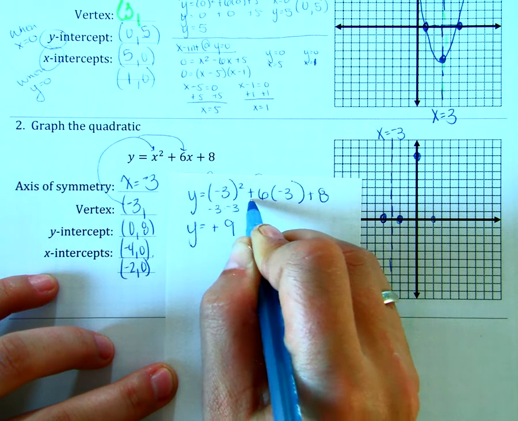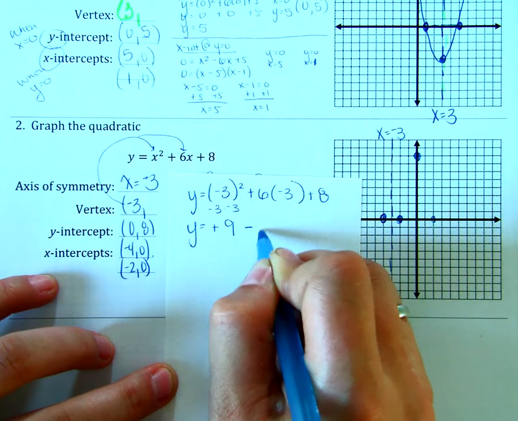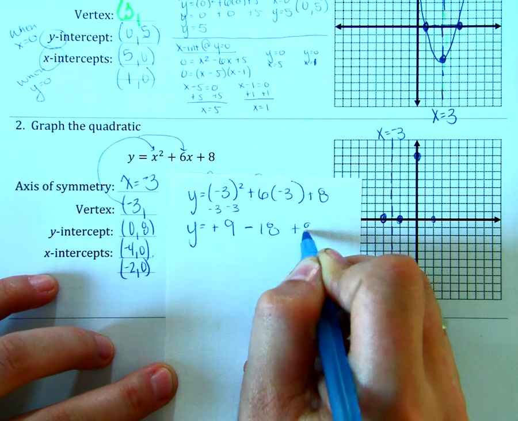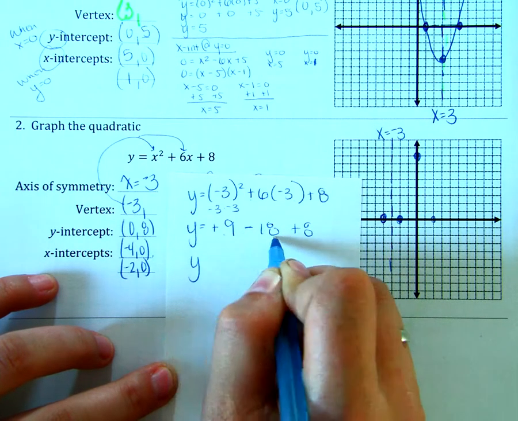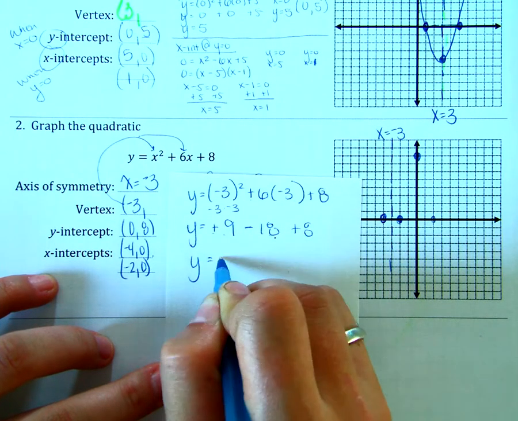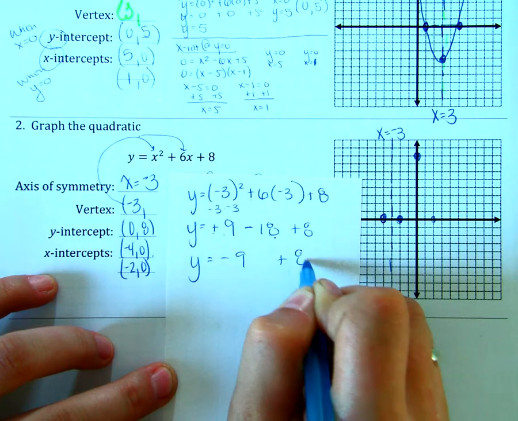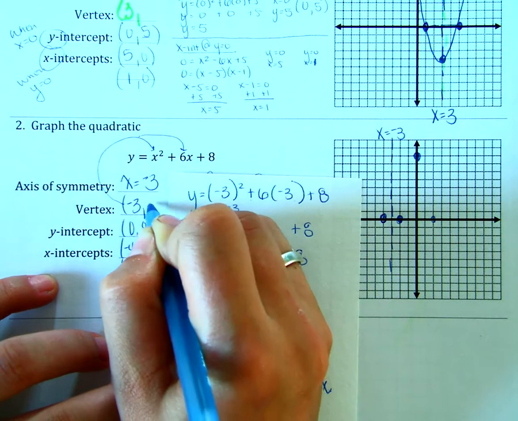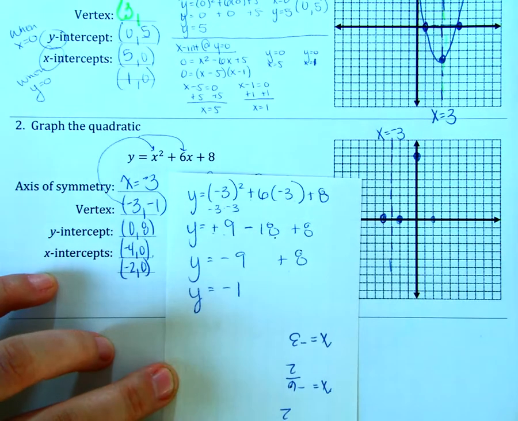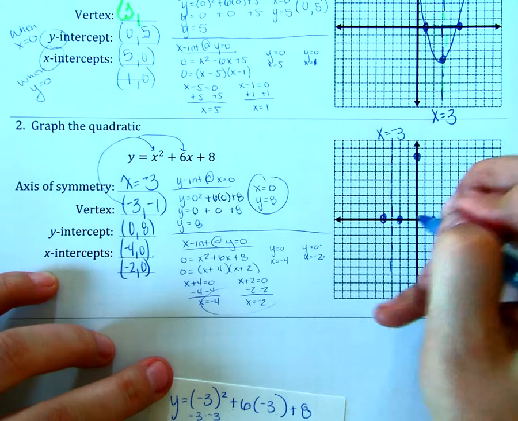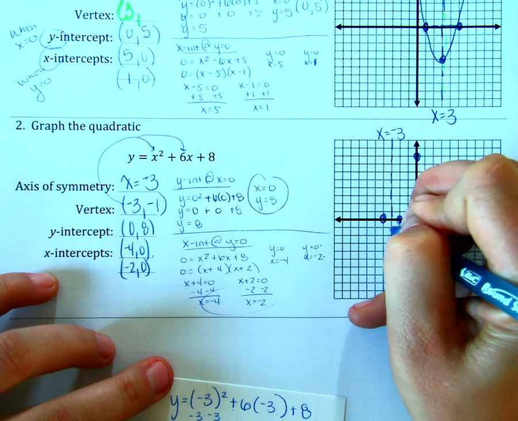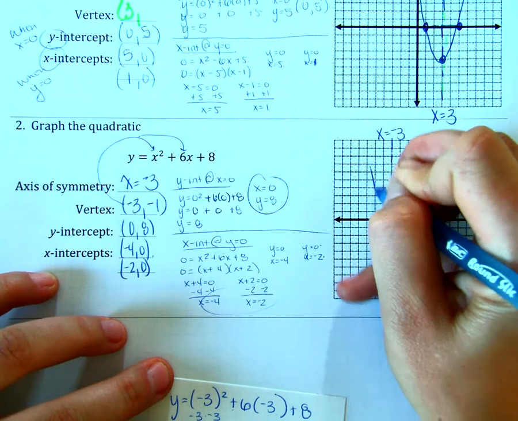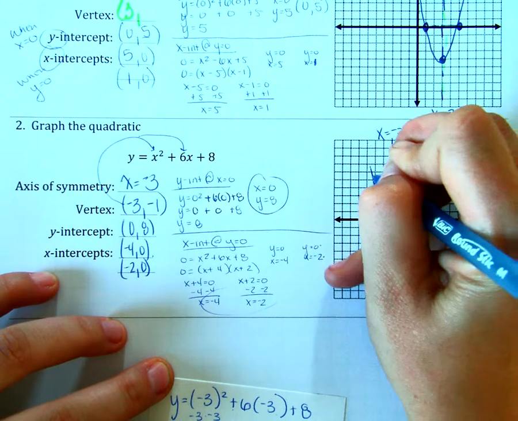Positive times negative is a negative. 6 times 3 is 18. Positive 9 minus 18 is negative 9. And negative 9 plus 8 is negative 1. So the y-coordinate of my vertex is negative 1. Negative 3, negative 1. And sure enough, I've graphed my quadratic.